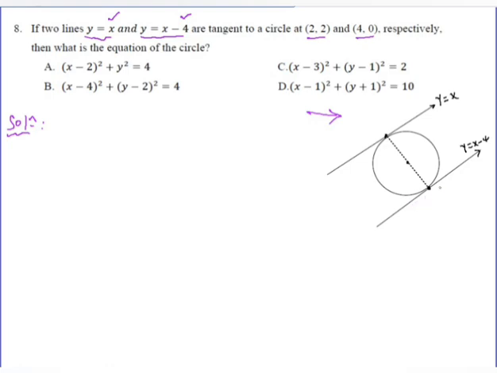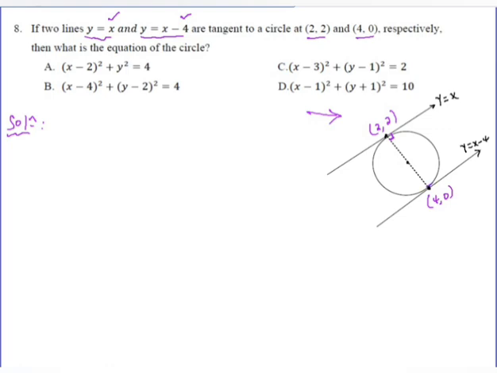At the same time, they are tangent to the circle at 2, 2 and at 4, 0. So what is the equation of the circle? That is the question. If these two tangents are parallel, we expect a line segment to form perpendicular at the point of tangency.